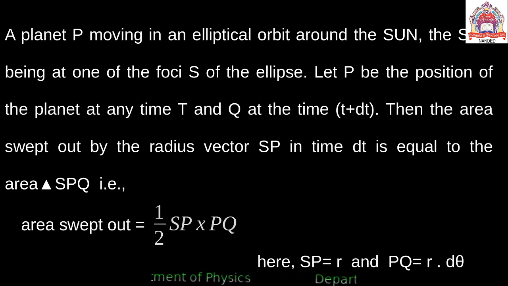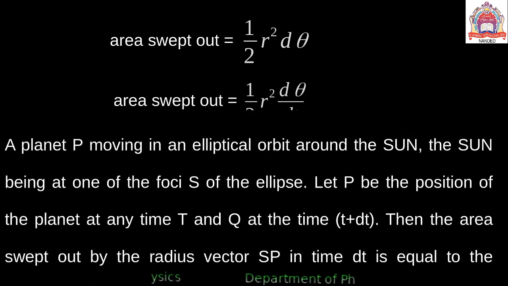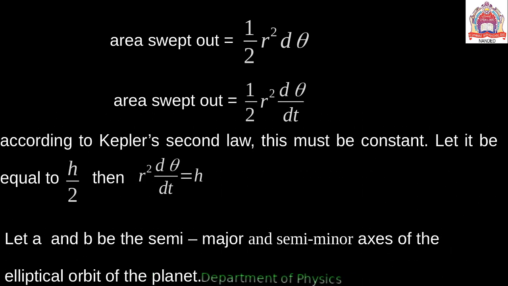So the area swept out is equal to half SP into PQ. Here SP is r and PQ is r d theta, where d theta is the angle between the lines from the sun to the planet, from point P to Q. So we get half r square d theta as the area swept out.